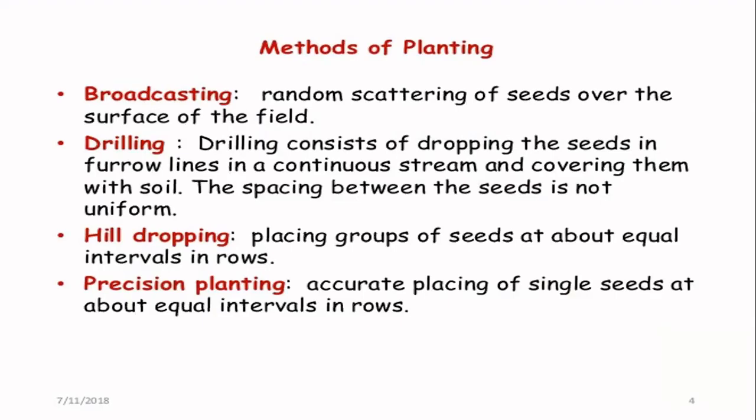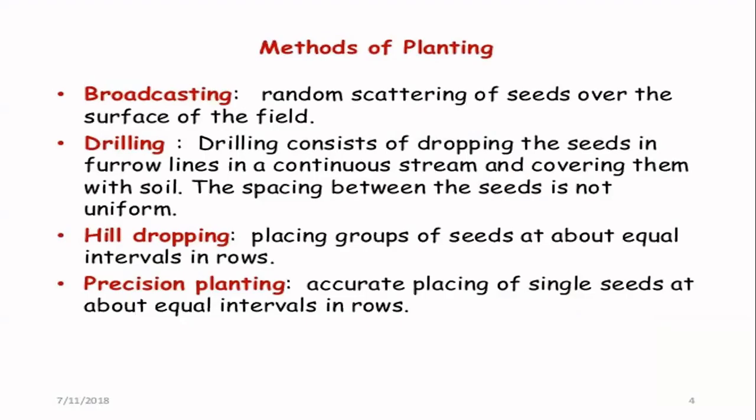So we call it broadcasting. Drilling is very important. Drilling is one word, and the machinery tool we call a driller. A driller opens the hole. Drilling consists of dropping the seed in furrow lines in a continuous stream and covering them with soil.